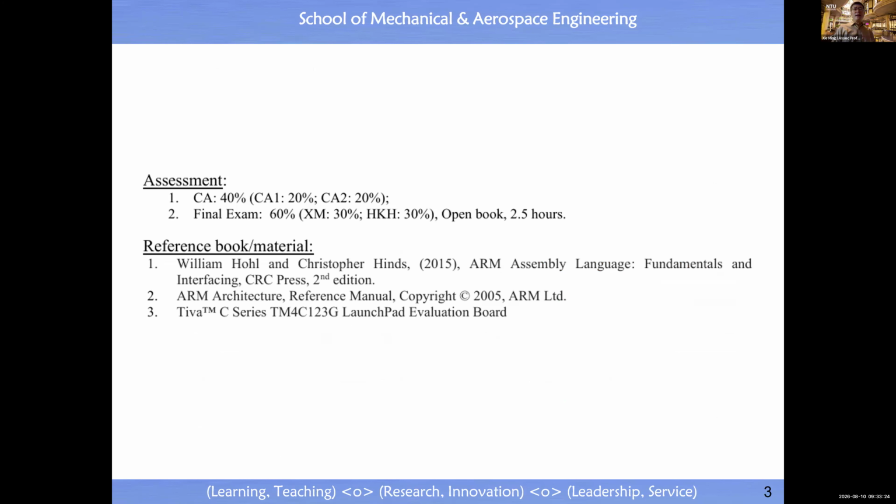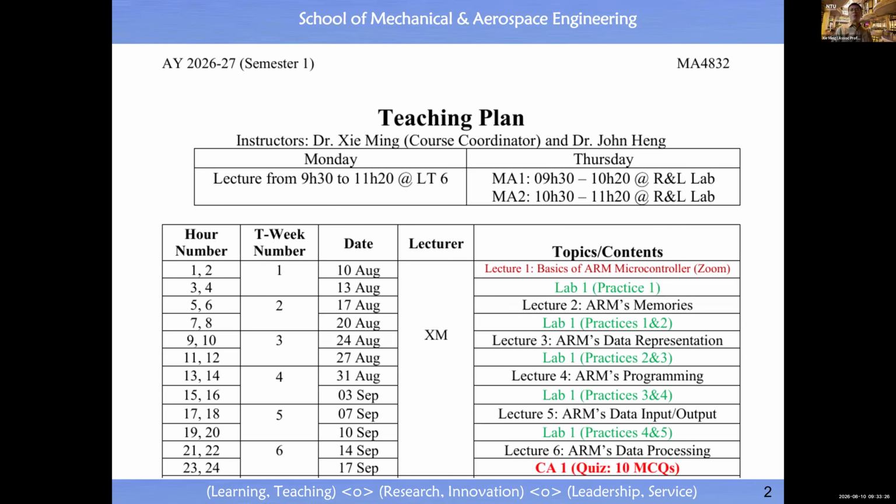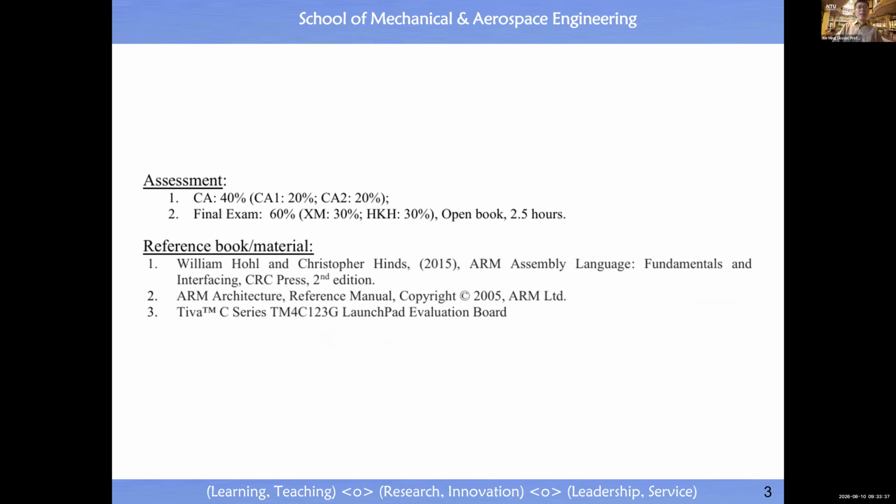For my part, the CA will consist of 10 MCQ. It is quite straightforward MCQ, not so difficult. And for reference books and reading material, you just follow this guideline. We have two books plus one reference material.